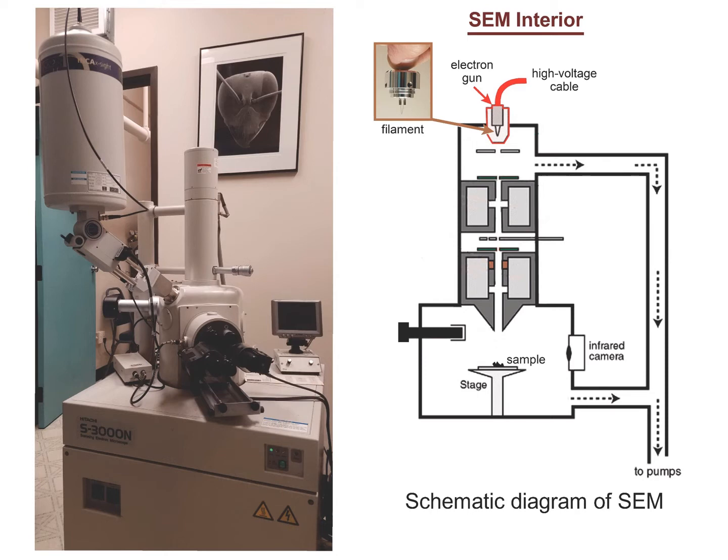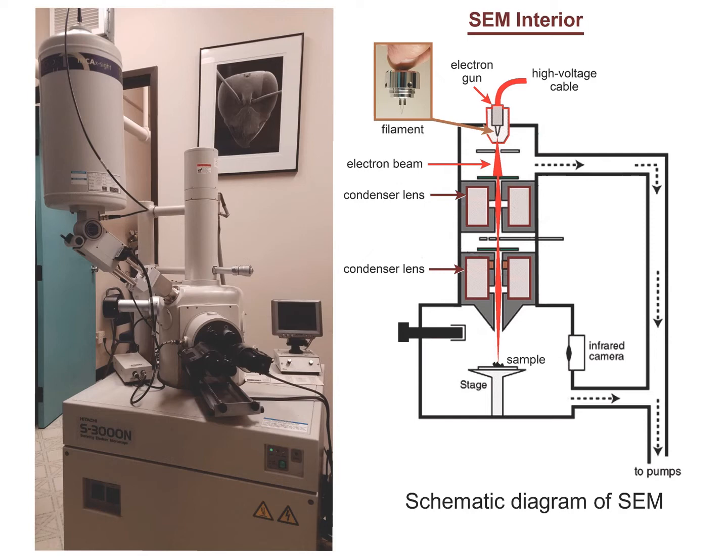When high voltage is passed through this filament, usually between 10,000 and 30,000 volts, high energy electrons are released from the filament. Those high energy electrons then proceed down the column as an electron beam, eventually coming into contact with the sample in the chamber.